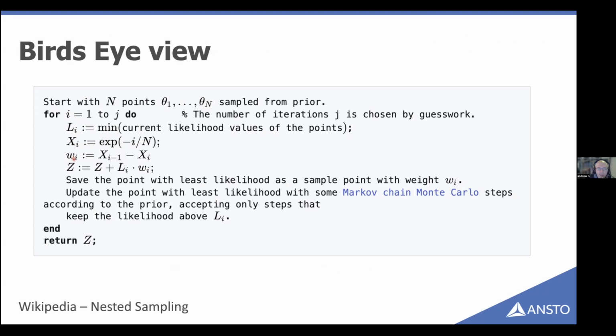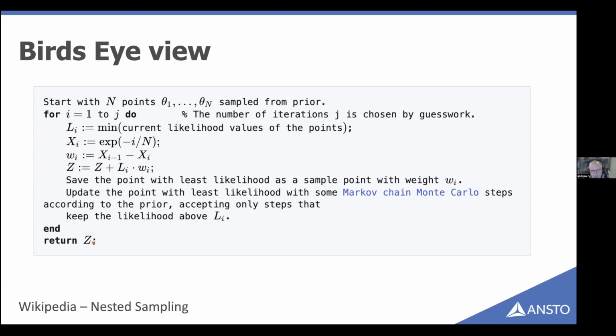You then derive a weight, related to how that prior mass has shrunk since the last iteration, and then you update the evidence term with the least likelihood and the weight. You go through this iterative process, updating the evidence term, and once you've gone through that iterative process, you end up with the evidence.